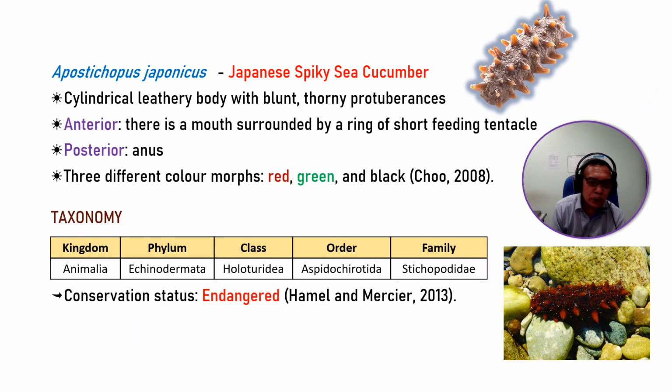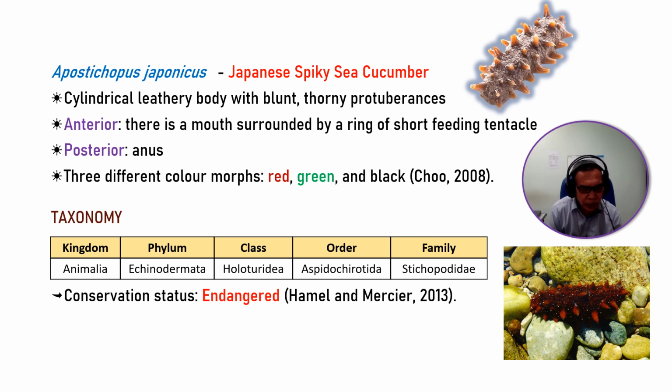Apostichopus japonicus, or Japanese spiky sea cucumber, has a cylindrical body with blunt protuberances. At its anterior, there is a mouth surrounded by a ring of short feeding tentacles, and its posterior is its anus.